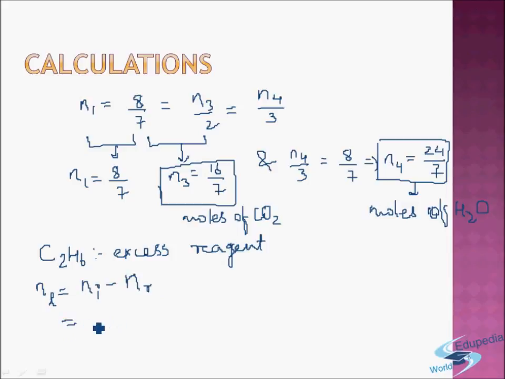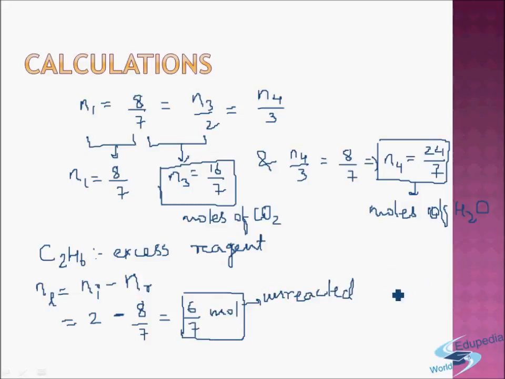Initial moles of ethane with me were 2, and moles reacted of the excess reagent was N1, that is the moles which actually took part in the reaction, 8 by 7. So this gives the answer as 6 by 7 moles. These are the leftover moles of ethane, that is the unreacted ethane, the quantity of ethane which did not take part in our reaction.